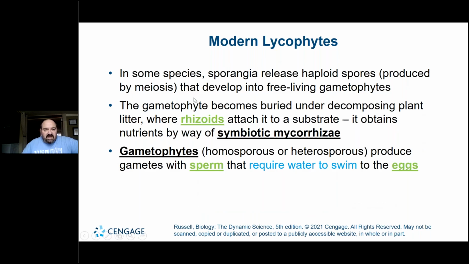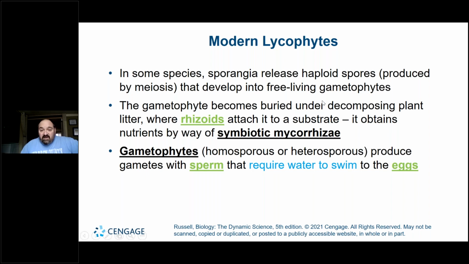You'll see here that the gametophyte becomes buried under decomposing plant litter. The rhizoids, not a true root system, pull moisture and nutrients from this substrate, this decomposing plant litter. They have a mutualistic relationship with fungi.